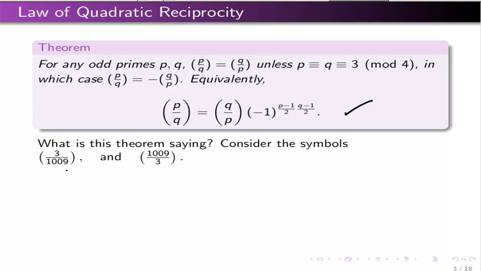(3/1009) and (1009/3). So the first symbol is asking whether 3 is a perfect square mod 1009. So we are studying this congruence, x² ≡ 3 mod 1009.